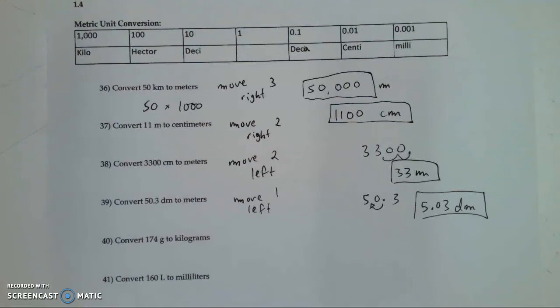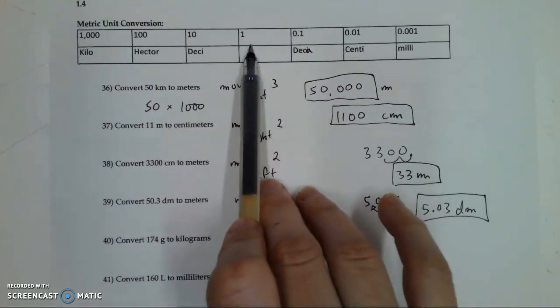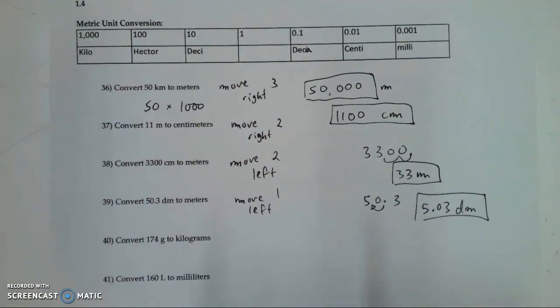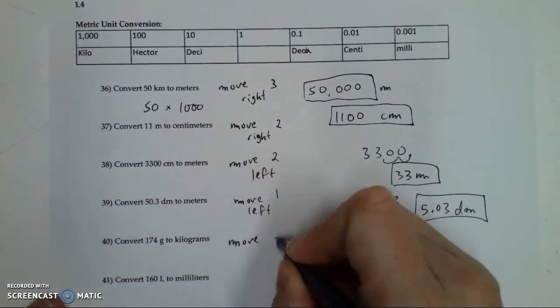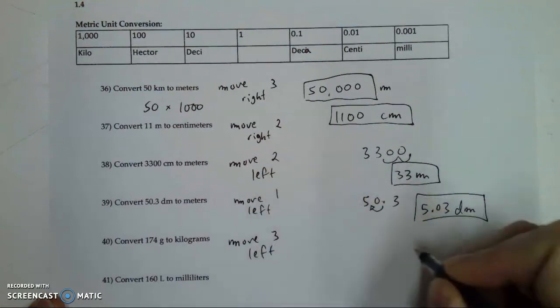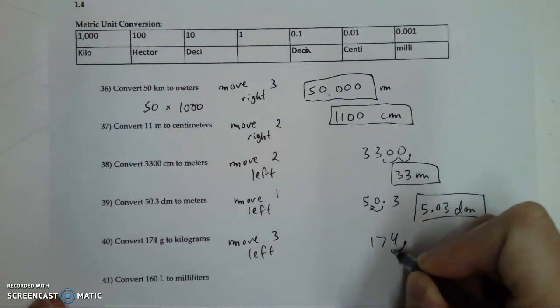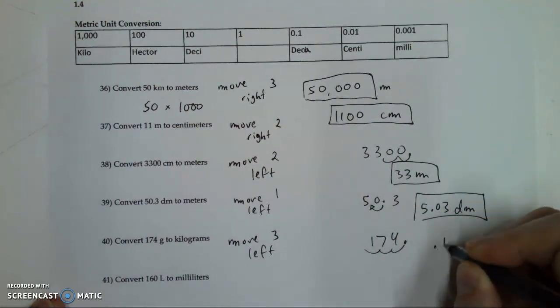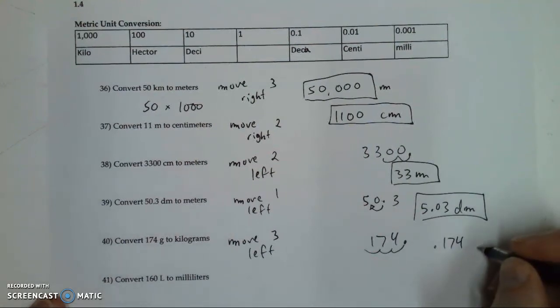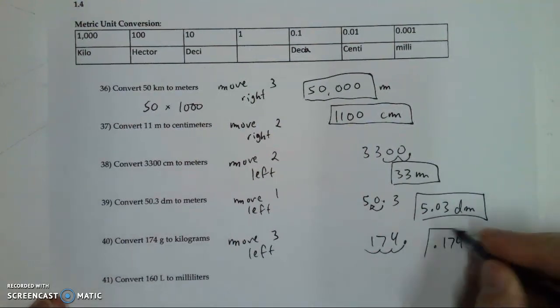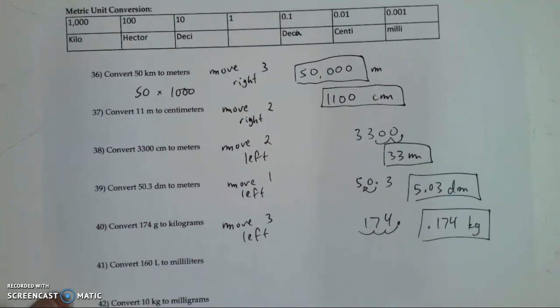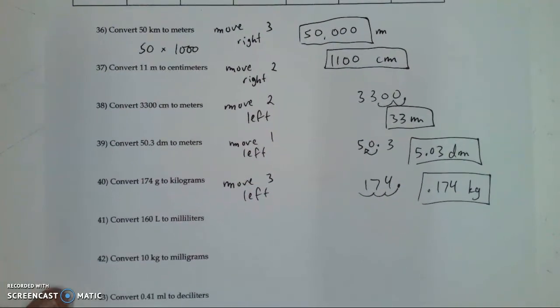Now those were all with meters. As I go into grams and liters though, it's going to be the exact same process. So to go from grams to kilograms, I'm going to go 1, 2, 3 to the left. So move 3 left. So 1, 2, 3, I will get 0.175 kilograms. I'm going to have to shift this up so you can't see my chart.